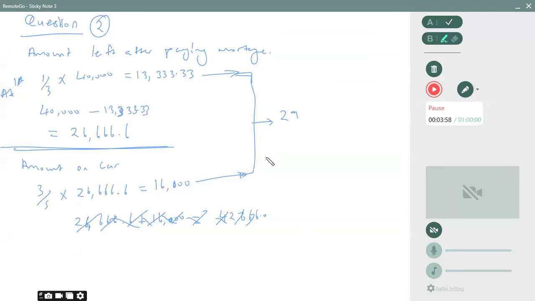So these two expenditures are the ones we are supposed to add. Add this plus this: 13,333.3 plus 16,000. How much does it give us?